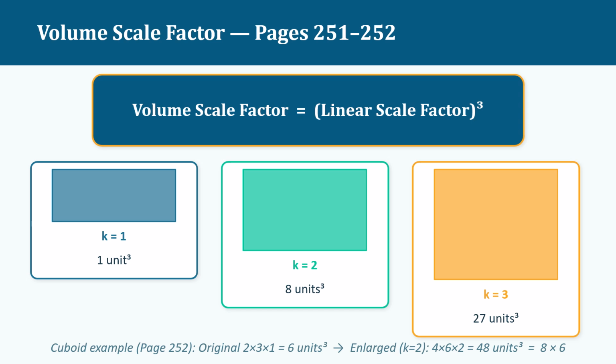The volume scale factor is the volume of the new cube, 3 by 3 by 3, which is 27, divided by 1, which is 27. The relationship between 3 and 27 is that 27 is 3 to the power 3. So it is indeed satisfying the formula: the volume scale factor is the linear scale factor raised to the power 3.